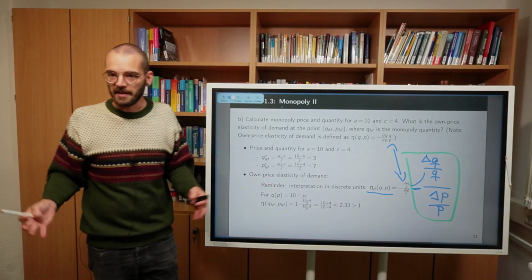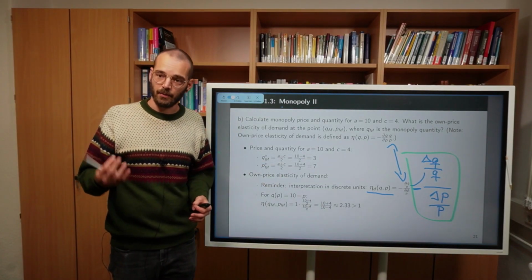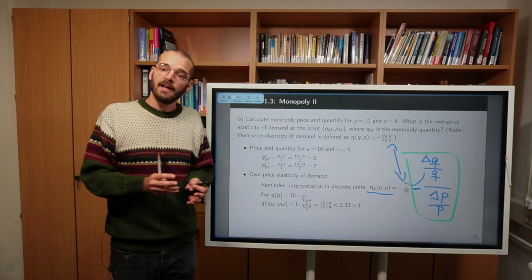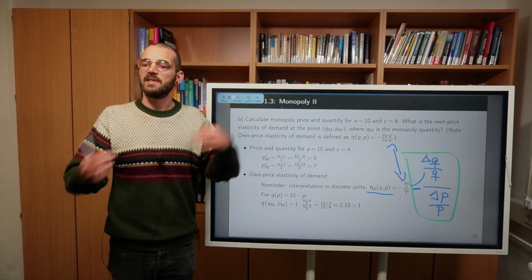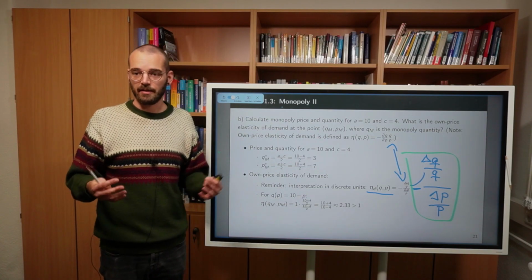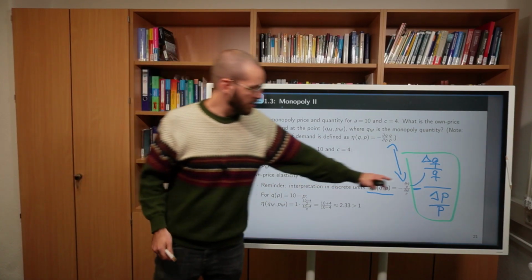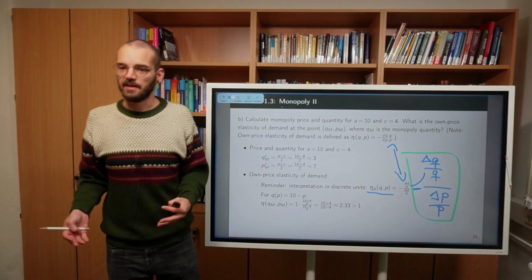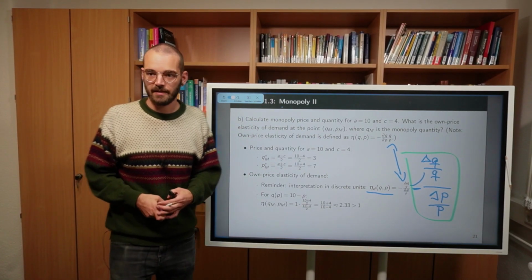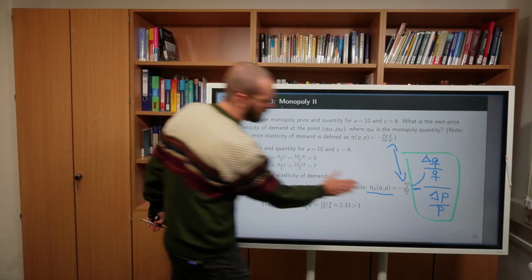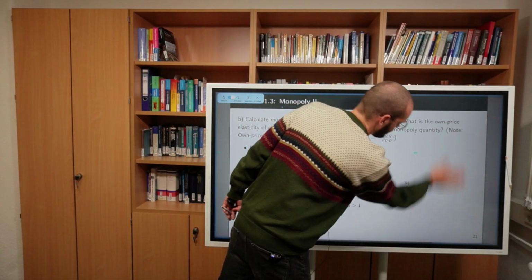So, given a change of price of 1%, how much percent does the quantity change? And of course the other way around. You can also think of it as, given a change in quantity of 1%, how much do prices change in percent?